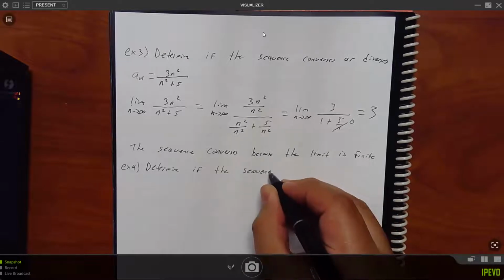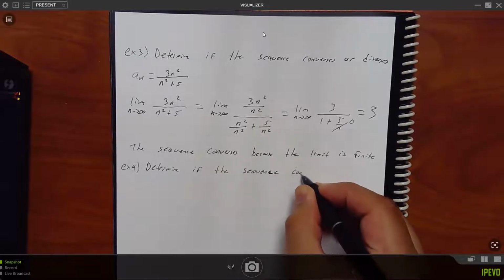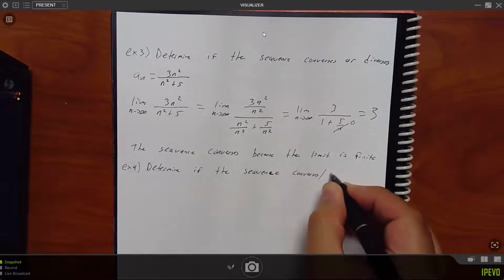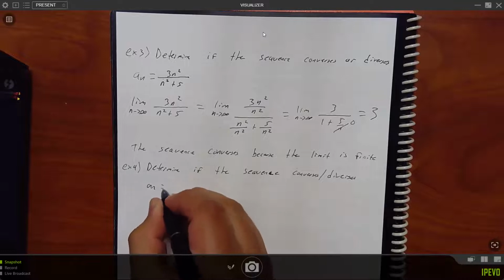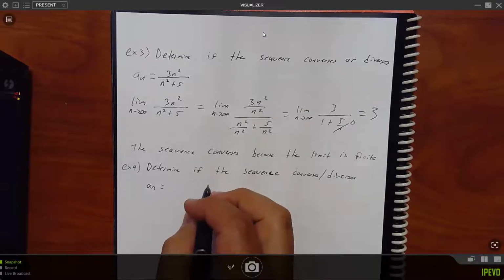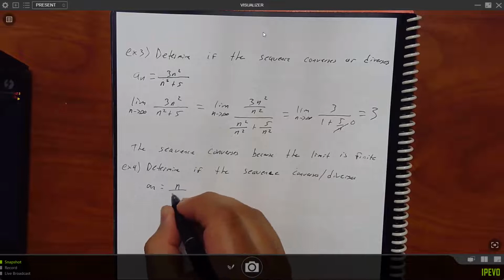Determine if the sequence converges or diverges. A sub n is equal to n over n plus 1.